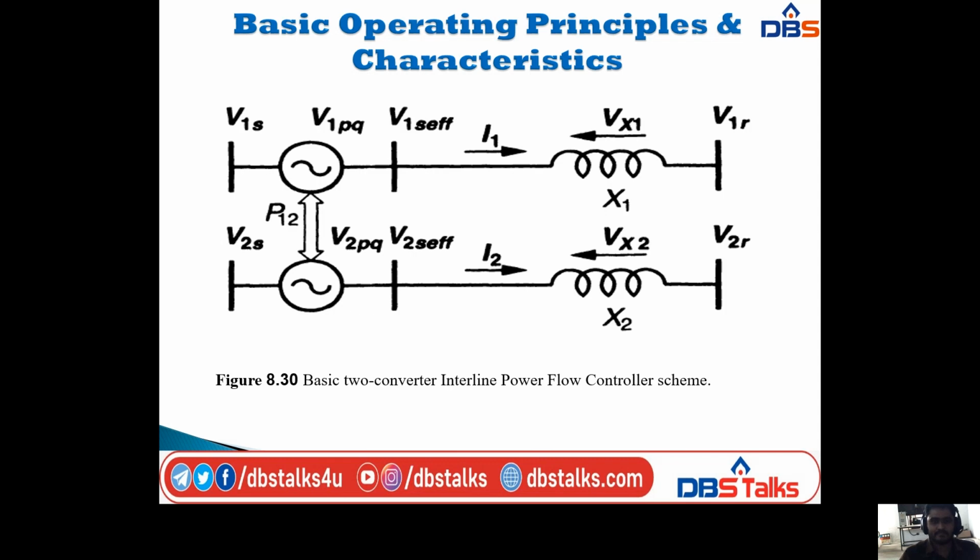This is the diagram of a basic two-converter interline power flow controller scheme. Here we are taking two lines separately, and each line has an insertion transformer, that is, insertion of the reactor and sources. We have sending and receiving ends for both the lines, with voltages V1S, V2S and V1R, V2R.